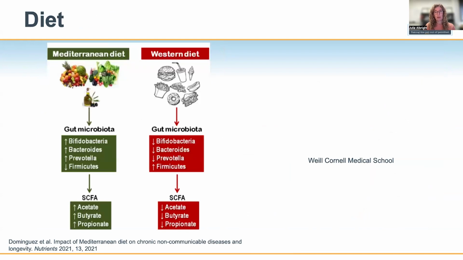So the last category, and probably the oldest method, is to alter the gut microbiome through the diet directly. We know from human studies that fermented foods are an excellent source of probiotics for people.